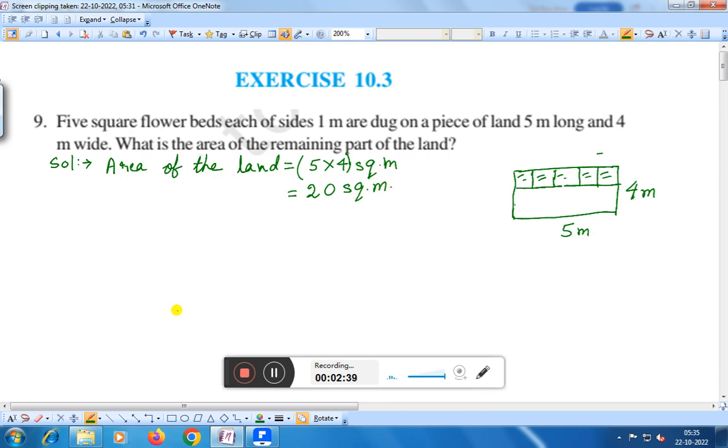Now, 5 square beds, each of side 1 meter, are dug on a piece of land 5 meter long and 4 meter wide.